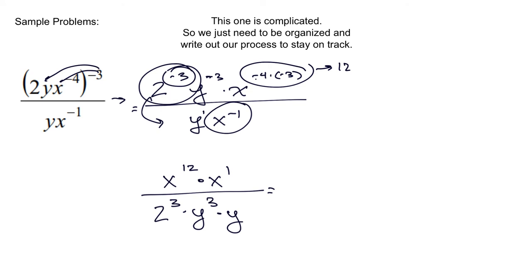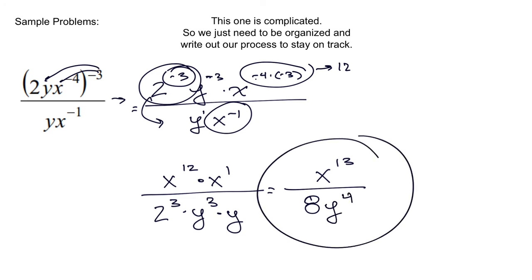So we have the product rule here with x to the 12th times x to the 1. We also have the product rule here, y cubed times y. So I'm going to have x to the 13th power over, so 2 cubed is 2 times 2 times 2, which is 8, and then y cubed times y is y to the 4th. This is our final answer.